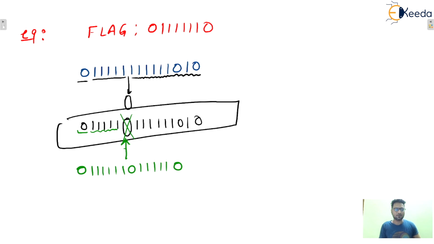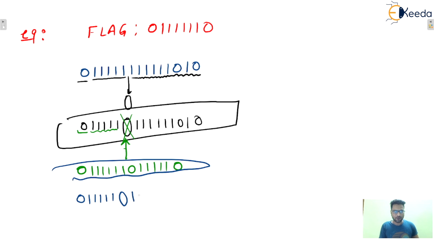So after bit stuffing, what will be the data? The sender will do what? 0 followed by 5 ones. After that one bit will be stuffed, then 1 0, then 0 followed by 5 ones, again stuff 0, then 0. The rule is the same. Whenever 0 followed by 5 ones is there, one bit will be stuffed.